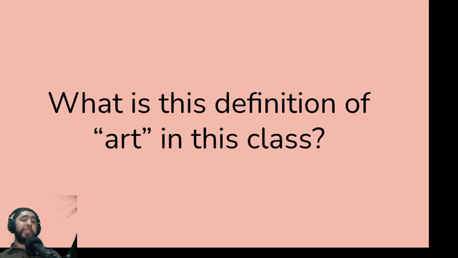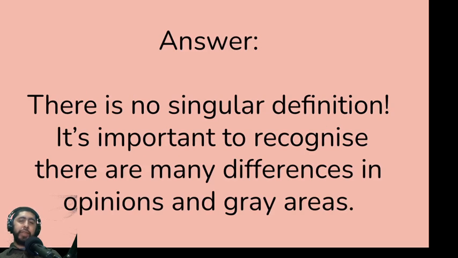So what is the definition of art in this class? There's no singular definition. I know some people kind of hate that. They want to have a specific definition, but oh boy, the more you know about art, the more you'll understand there's so much you don't know about art, which is basically the Dunning-Kruger effect. If you think you know everything about art, you really don't, because even the most studied PhD art historian who's been studying for like 70 plus years, there's so much art that they've missed.